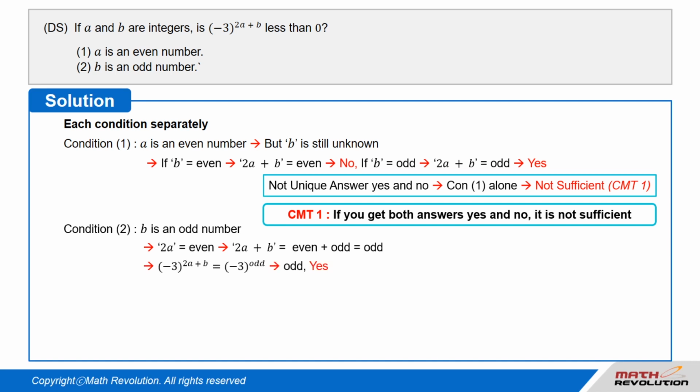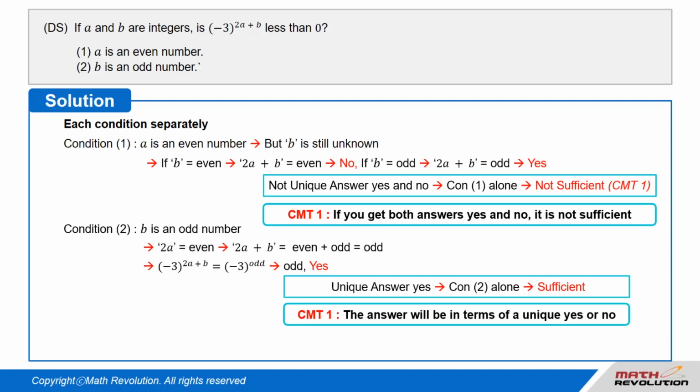So, the term (-3)^(2a+b) will be negative 3 to the power of an odd number, which will be negative. The answer is unique, yes, so the condition is sufficient according to CMT1, which means that the answer will be in terms of a unique yes or no.